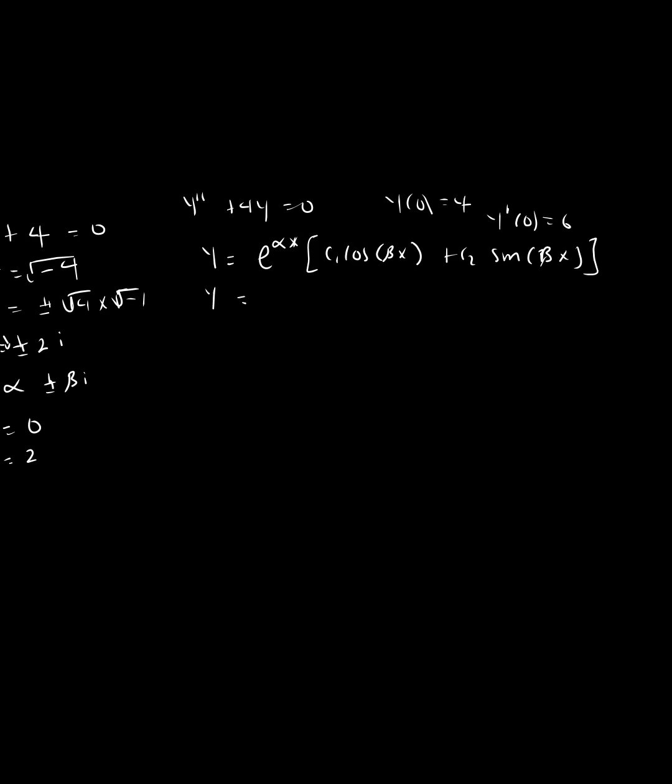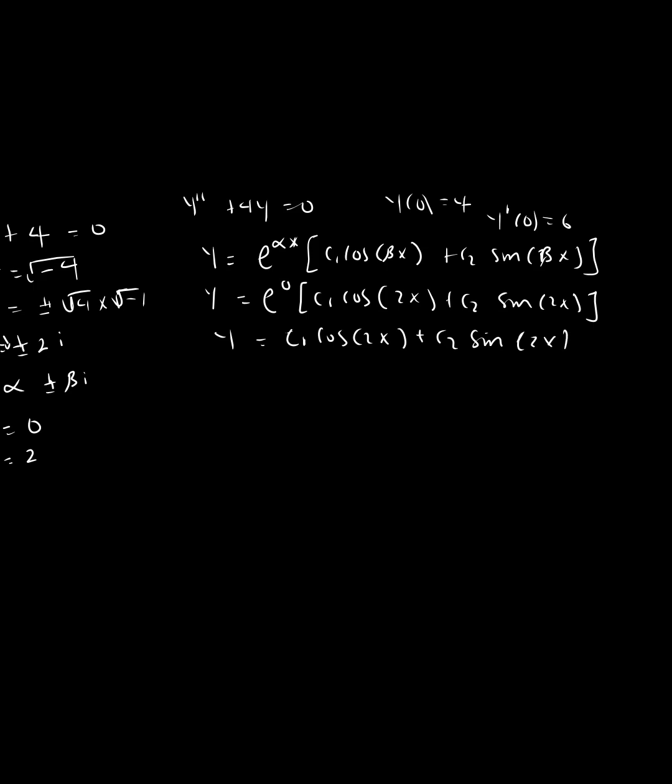So y is equal to e to the power of 0 times x, which is 0, c1 cos 2x plus c2 sine 2x. We'll just simplify. e to the power of 0 is 1, so we're going to have c1 cos 2x plus c2 sine 2x.